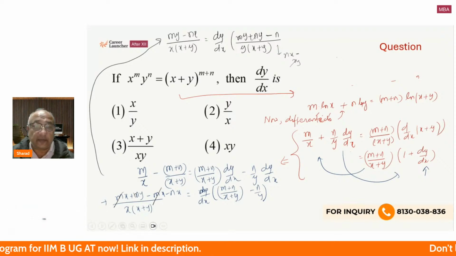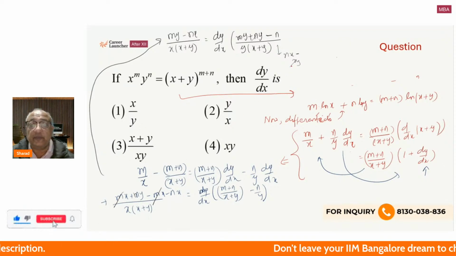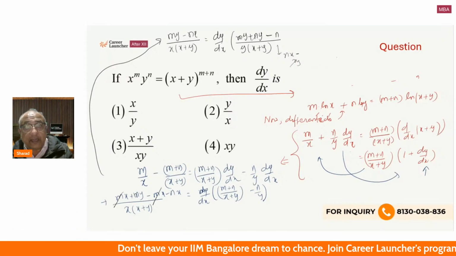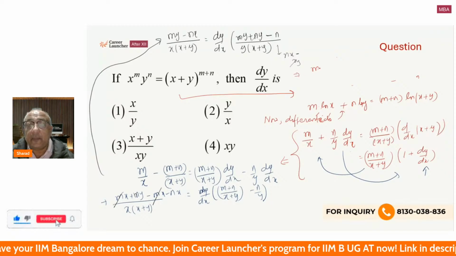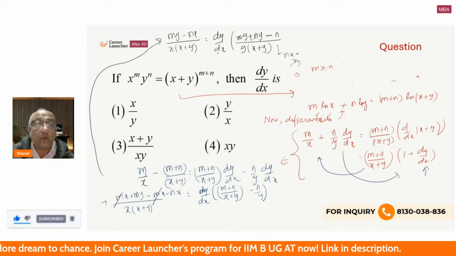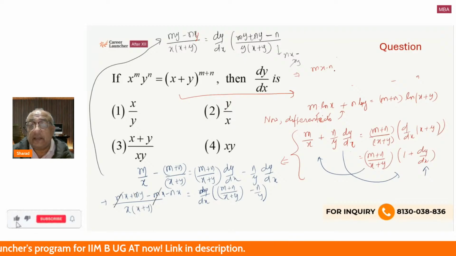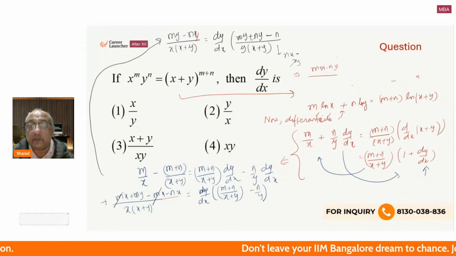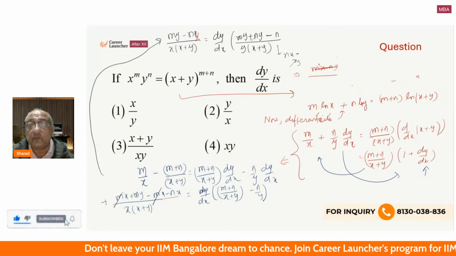If this kind of a question comes, you should spare around 2.5 to 3 minutes for doing this question. Now from here I'll get my result as my minus nx. This is ny, this is not nx. See from here, this is my minus nx. Sorry. So that is what I'll write here.